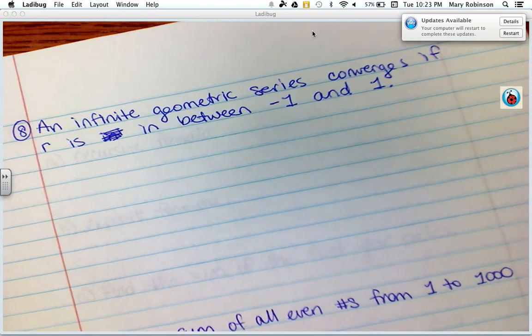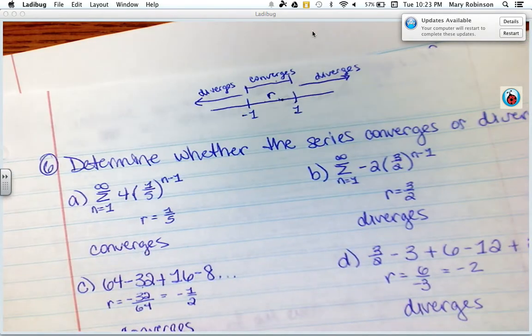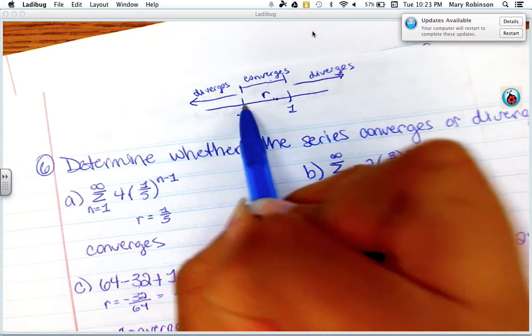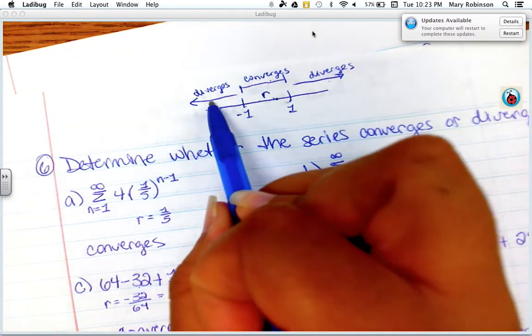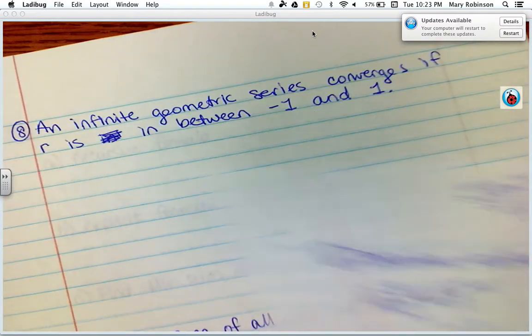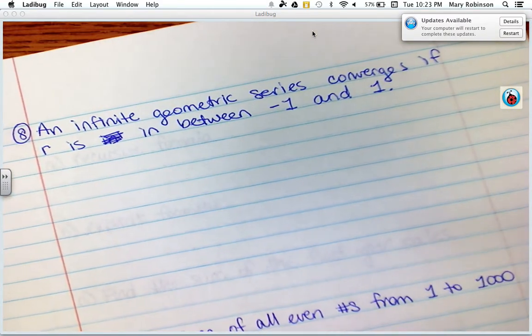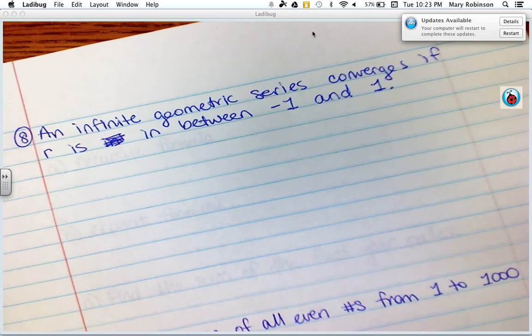So remember the diagram I drew. So if r is in between here and here, then that means the series converges. Otherwise it diverges. Alright, so if it's in between negative 1 and 1, then the series will converge.